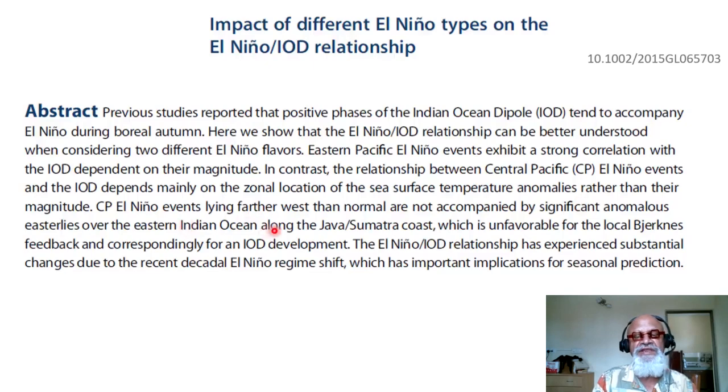CP El Nino events lying farther west than normal are not accompanied by significant anomalous easterlies over the eastern Indian Ocean along the Java-Sumatra coast. So you don't get a trade wind-like structure in the Indian Ocean. And this is unfavorable for the local Bjerknes feedback and correspondingly for an IOD development. So this is what would distinguish it.